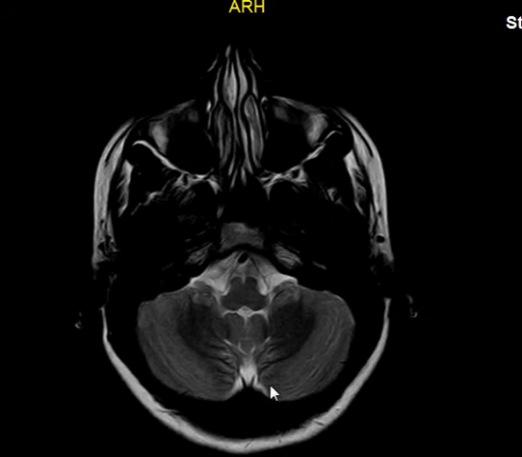These are three main structures: the nodule, the uvula, and the lingula? Nodulus, folium, or uvula.